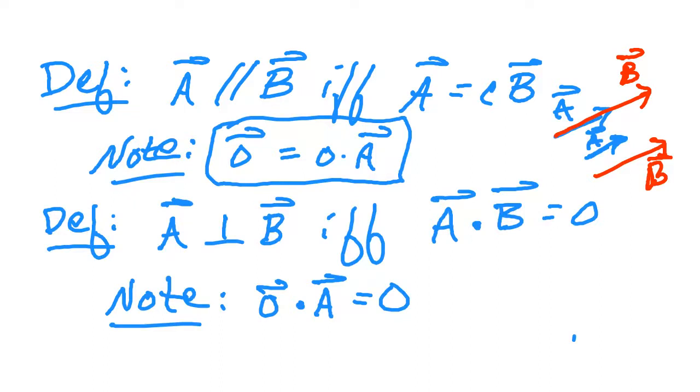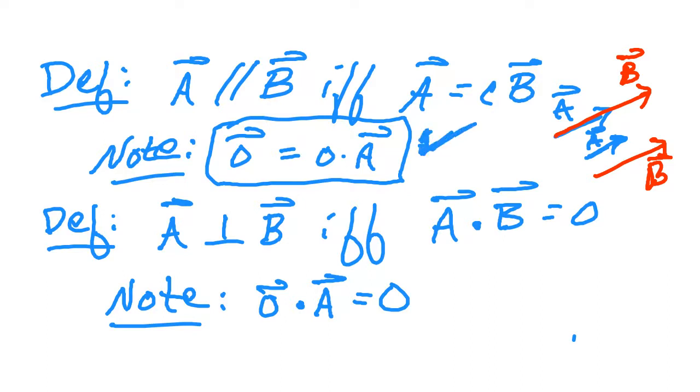So because we can write the zero vector as a constant multiple times A vector, we can say that the zero vector is parallel to any vector A vector. So that's a nice result.